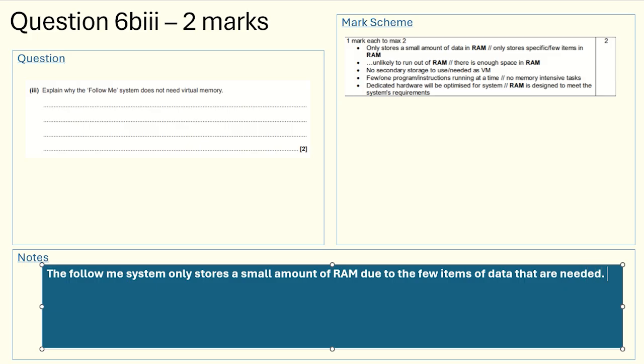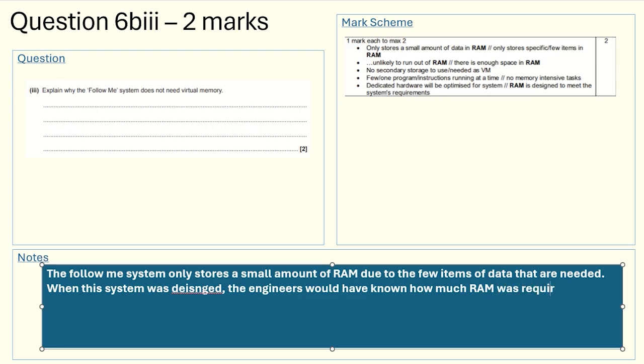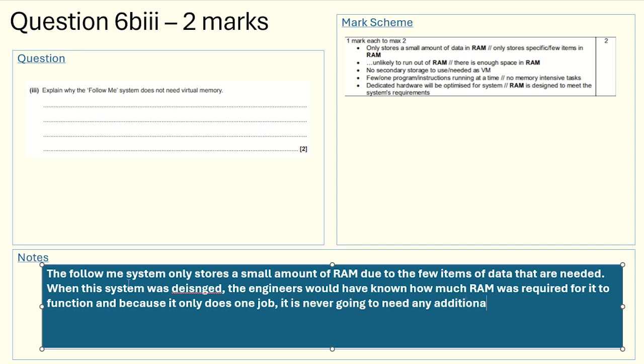We could also say that when this system was designed, the engineers would have known how much RAM was required for it to function. And because it only does one job, it is never going to need any additional RAM. Good, there we go. So we've got 3 points down there, which would get us 2 marks.